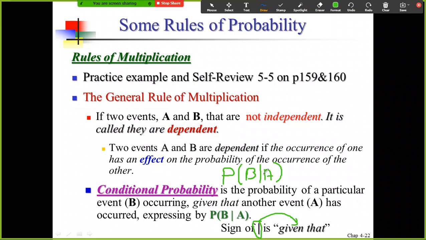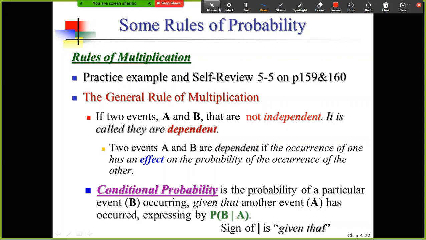So don't make a wrong expression. This is the correct one. This is the wrong one. This is correct. I show it many times because I don't want to keep seeing the wrong one coming up again and again.